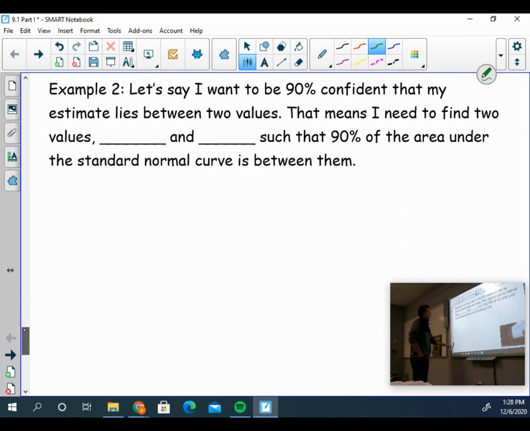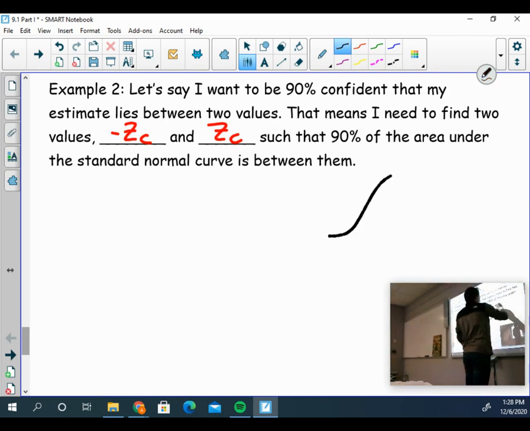Let's do another example. What if I want to be 90% confident in my confidence interval? Well, I'm going to start that process by finding two critical values, negative z of c and z of c, on the standard normal curve such that 90% of the data is between them. Again, that's because the area under the standard normal curve is probability.